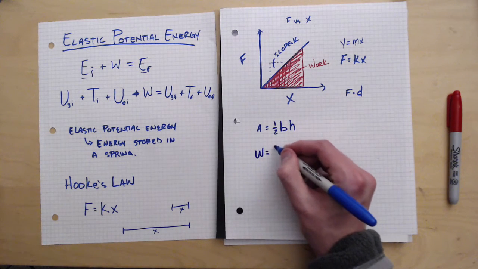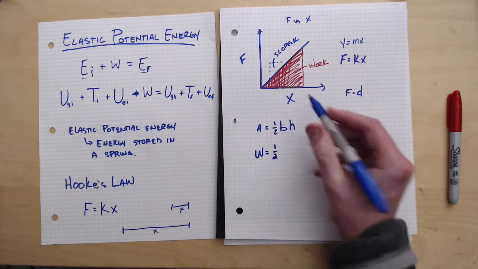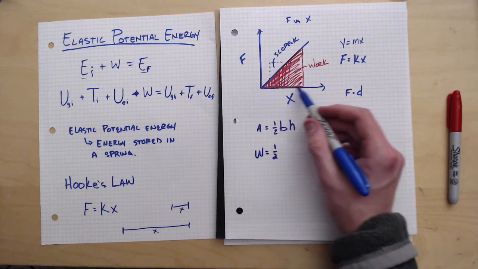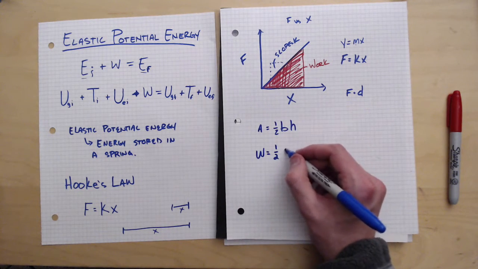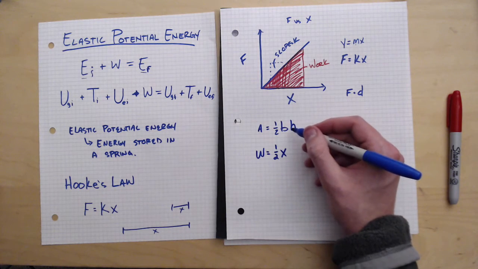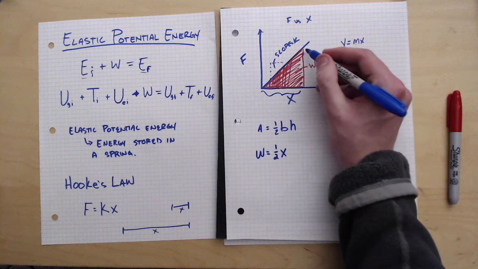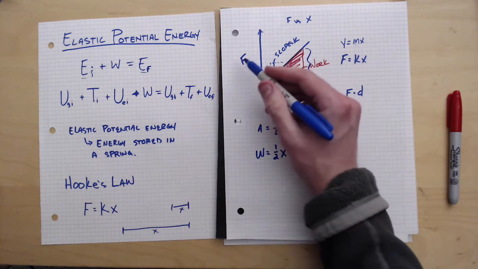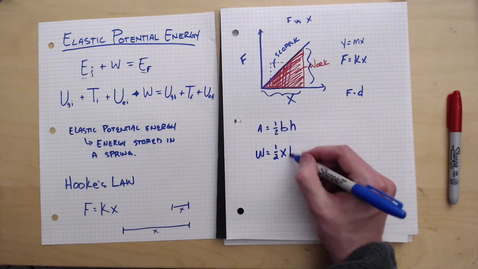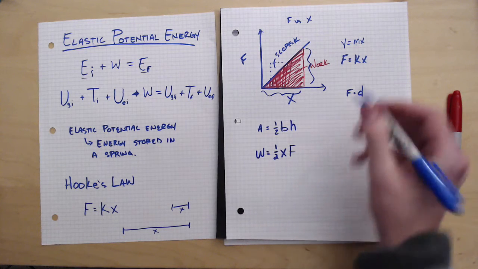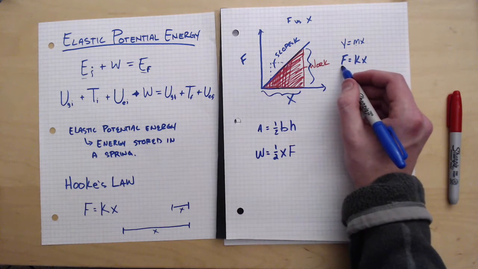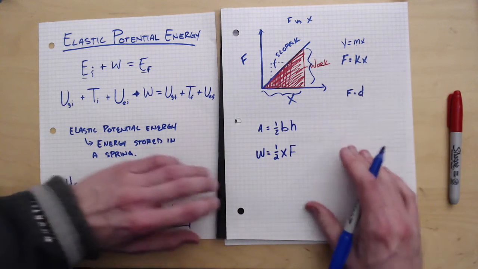Work is equal to 1/2. The base here is going to be our distance, or x, and our height is going to be the force. Okay, but remember from Hooke's law we said that force is equal to k times x.